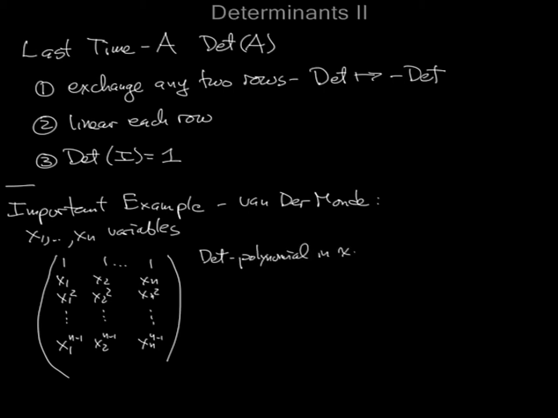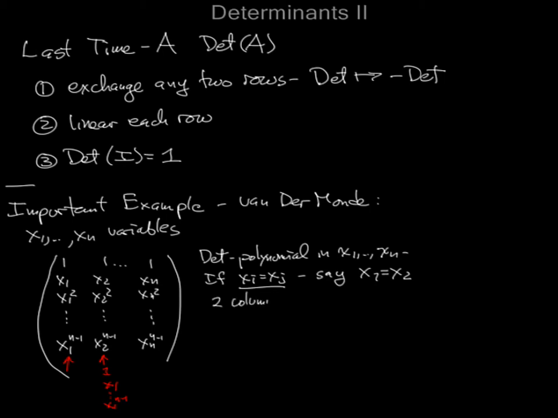Well, if you write out its determinant, it's clearly some polynomial expression in these variables, x1 through xn. And notice what happens if xi is equal to xj. For example, suppose x1 was equal to x2. Well, this second column, if x2 is equal to x1, would be exactly the same thing as the first column.